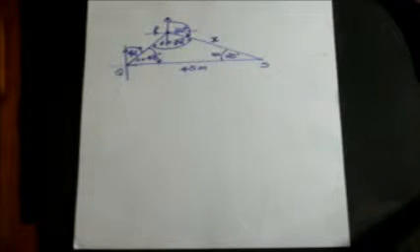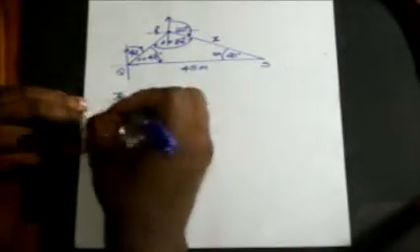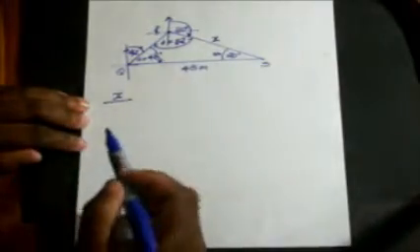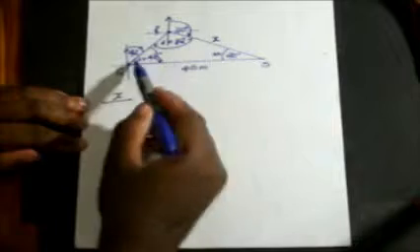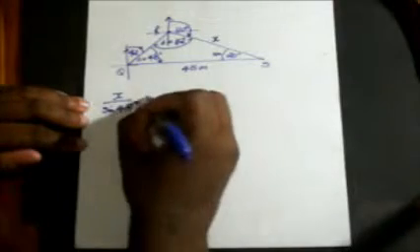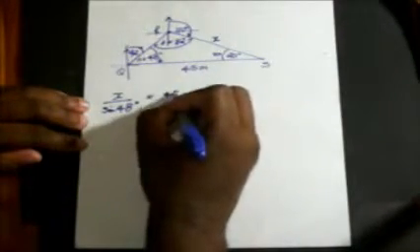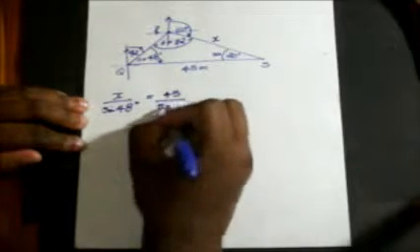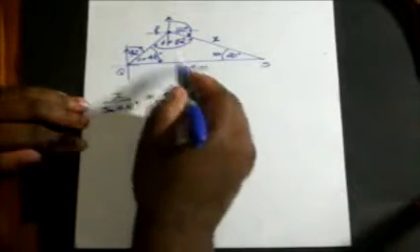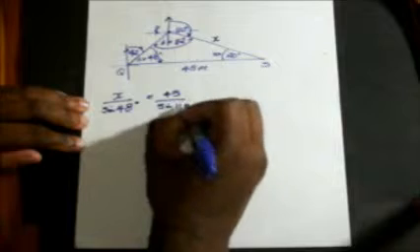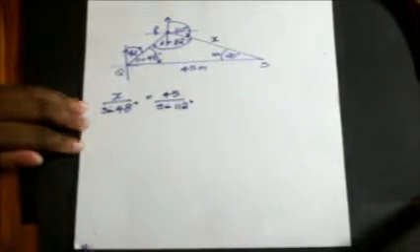Ladies and gentlemen, I'm trying to find a side. Therefore, it is X over sine of the angle opposite to X, which is A, sine 48 degrees, is equal to the known side, 45, over sine of the angle opposite to the 45, which is 112 degrees.